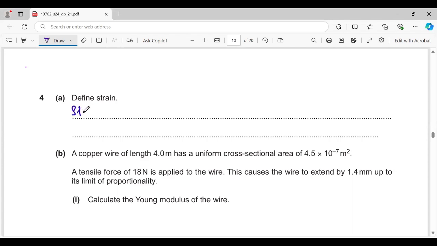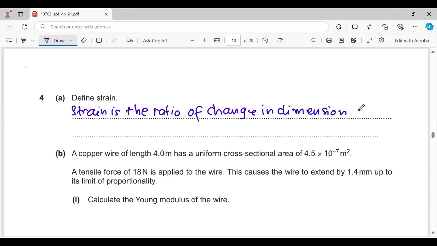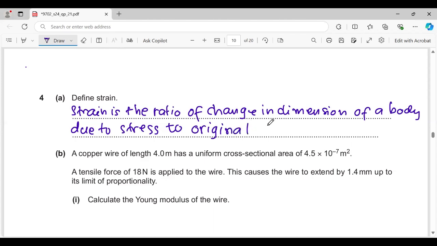Okay, so strain is the ratio of change in dimension of a body due to stress to original dimension.